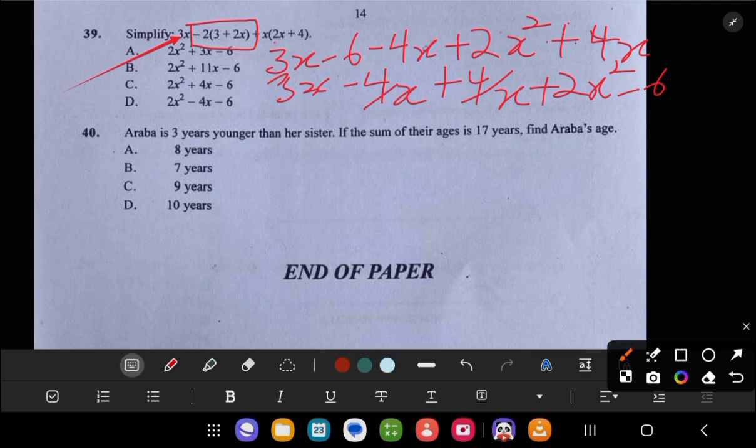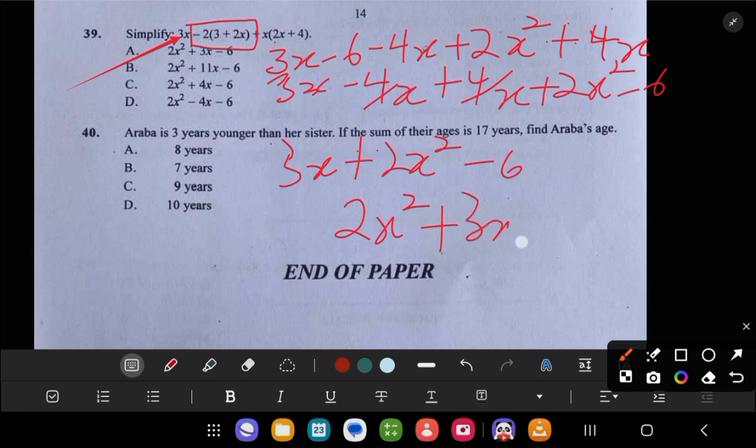So you have your 3x plus 2x squared minus 6. We are close to our answer already. So 2x squared plus 3x minus 6. The answer to this question is A.